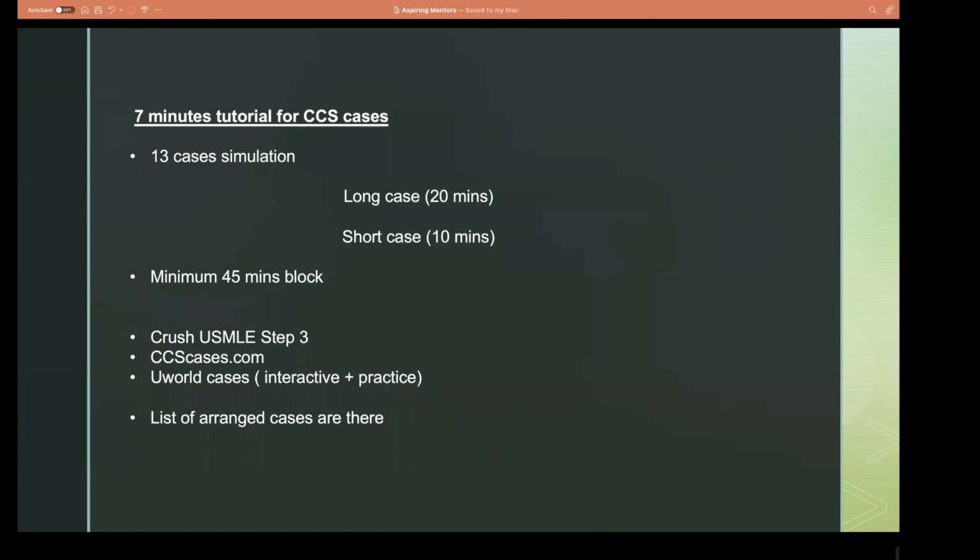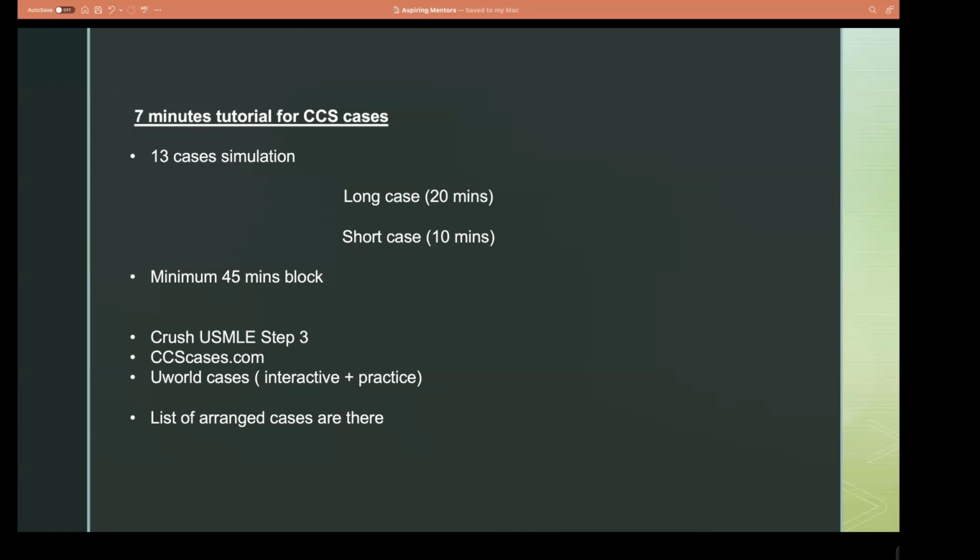You will order them, then you say, see you in 20 or 30 minutes. Keep it slow. If you write all the tests at one time and you say, see you next visit, the patient will go home and the case will end. This happened to me in the real exam. That's why I'm telling you, do it very slow.